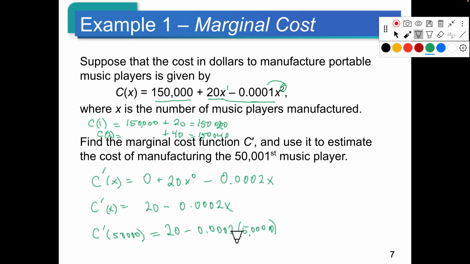I get a 5, and then 2 times 5 is 10. 20 minus 10. So our marginal cost for the 50,001st, and again, that's the derivative at 50,000, is going to be $10. 20 minus 10, $10. So you see it made a difference.